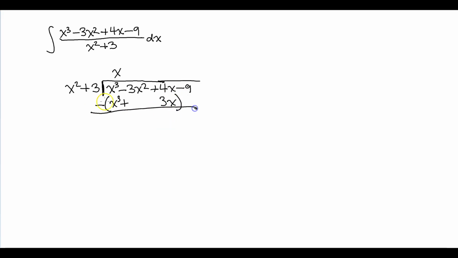So this cancels, and we have x. So negative 3x squared plus x minus 9. So we can do minus 3. Okay, so we have minus negative 3x squared minus 9. So this cancels, and we get 18.